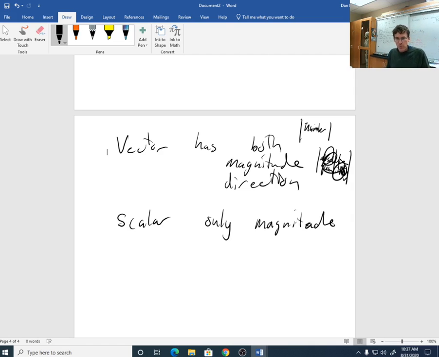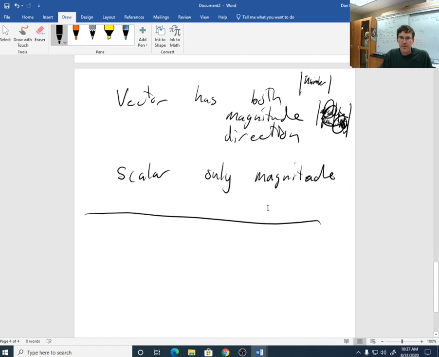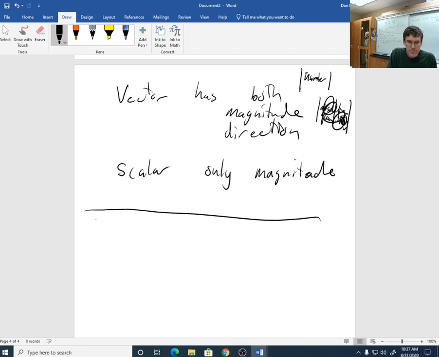All right, so let's look at the direction part of it too. Suppose we have a velocity of 30 meters per second. What's my magnitude?